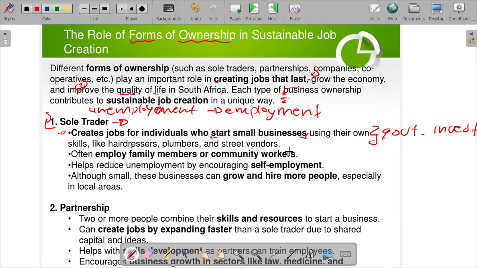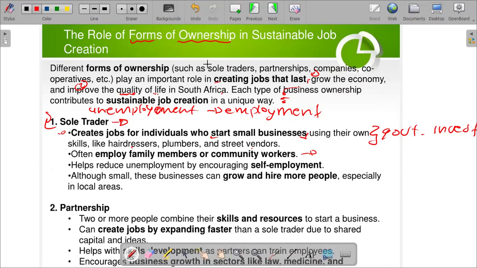These are businesses that anyone can start. So the government will invest a certain amount of money into these people so that they can start these businesses. It also says that often these people employ their family members or community workers. How is that part of sustainable job creation?